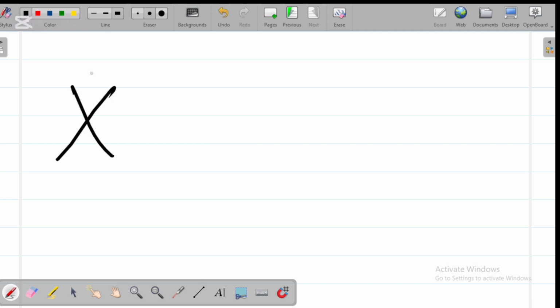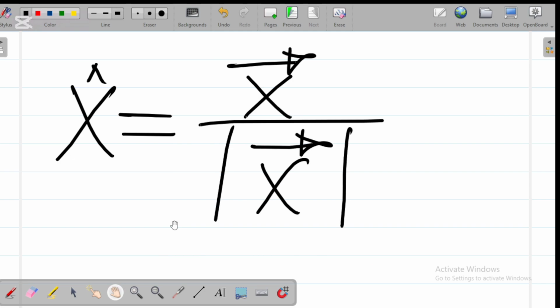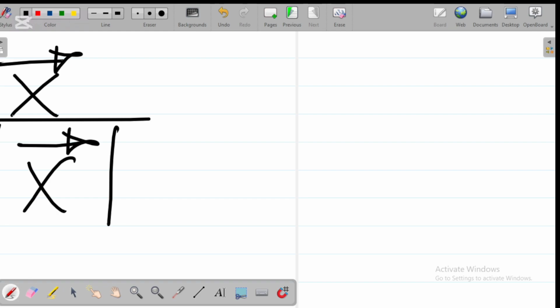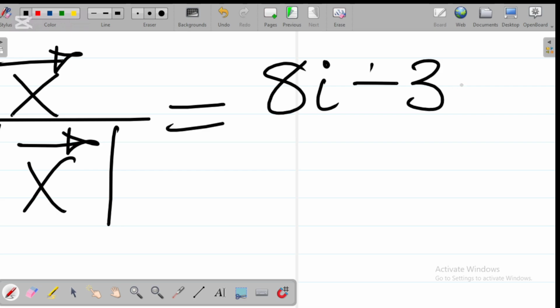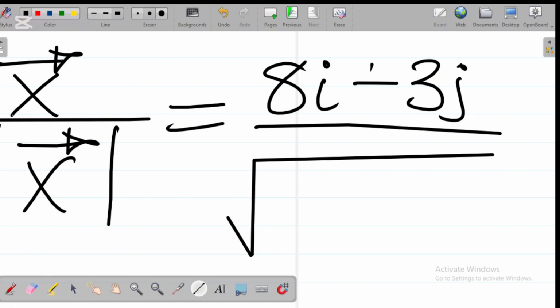Remember that unit vector of x is equal to position vector of x all over magnitude of vector x. All right, so now let's substitute values. The position vector of x is 8i minus 3j, all over the magnitude of vector x, which is square root of 73.